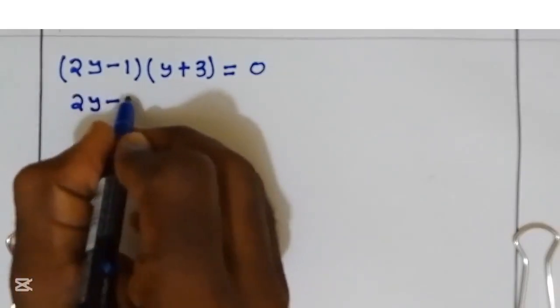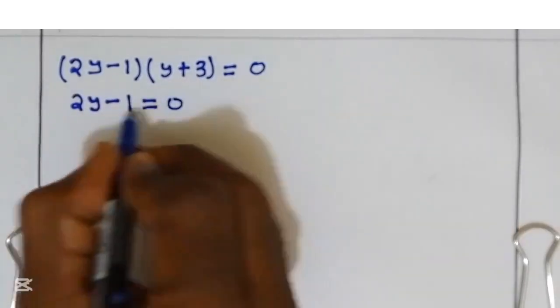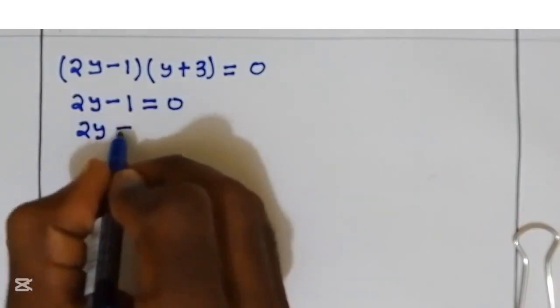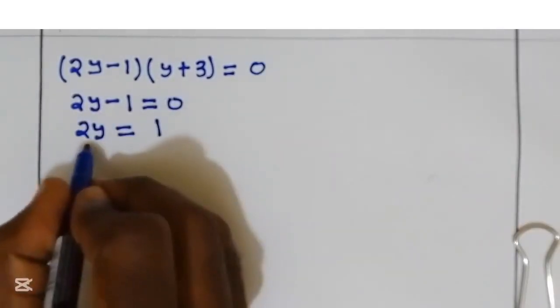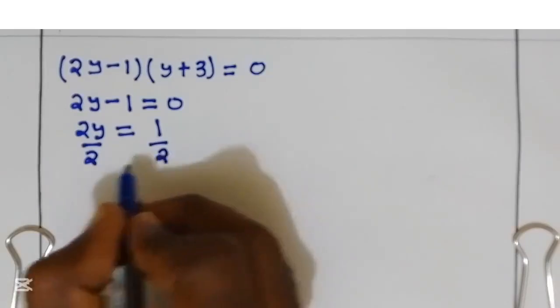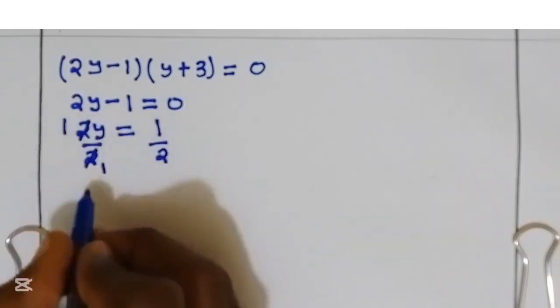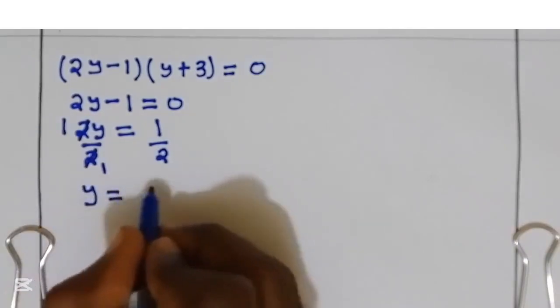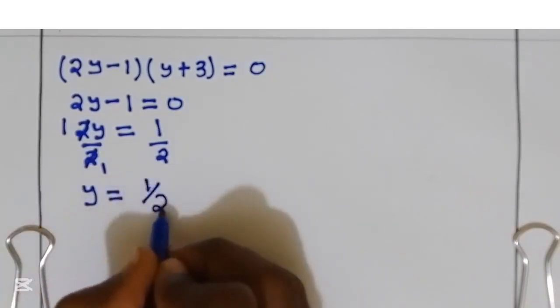2y minus 1 equals 0, so 2y is equal to 1. I'm going to divide by 2 both sides, and I get y is equal to a half.